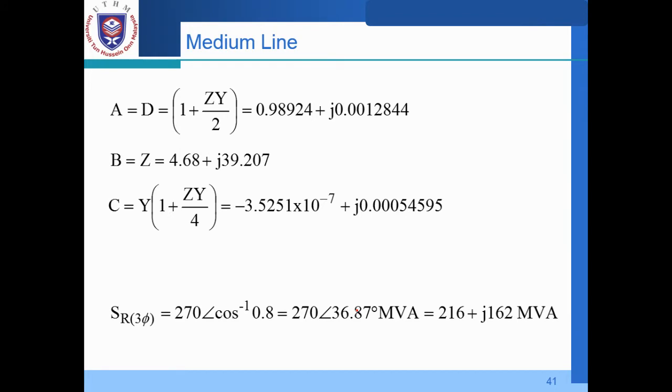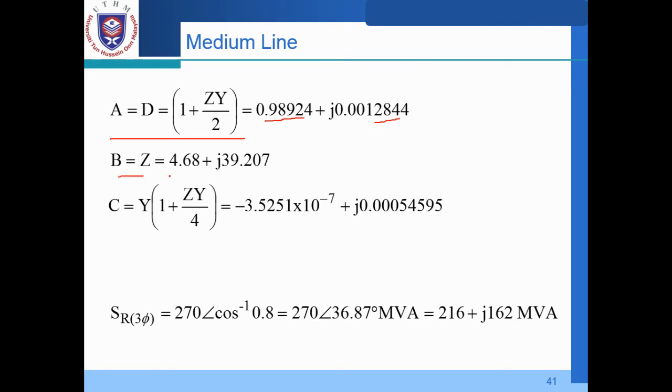So A equal to D, which is equal to 1 plus ZY over 2. We have seen the derivation in the previous slide. Then this is 0.98924 plus j0.0012844.